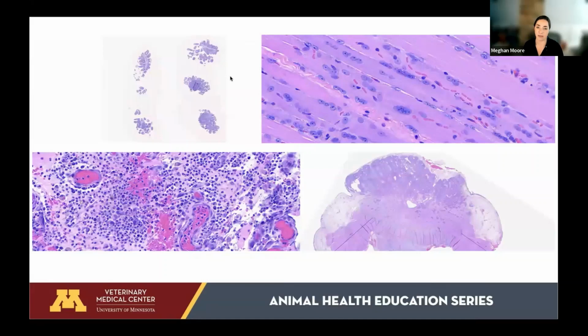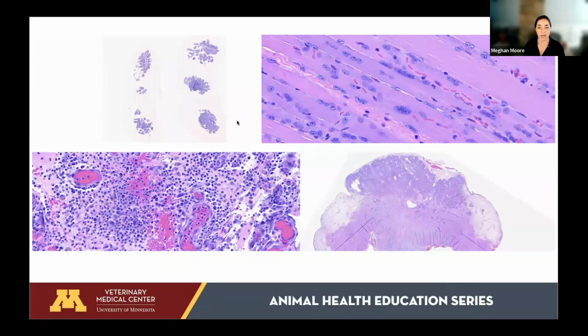And then here are just some other examples to give you a sense of what we see on the slide. Upper left are endoscopic biopsies, those tiny little pinch biopsies that the clinicians get of the stomach or the intestinal lining that we can then look at.